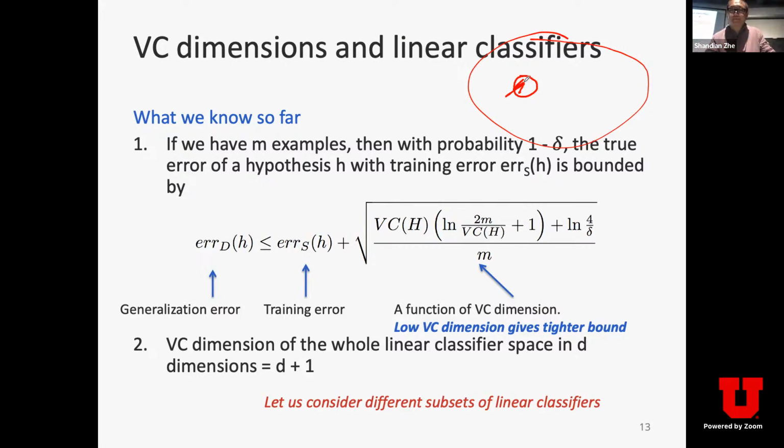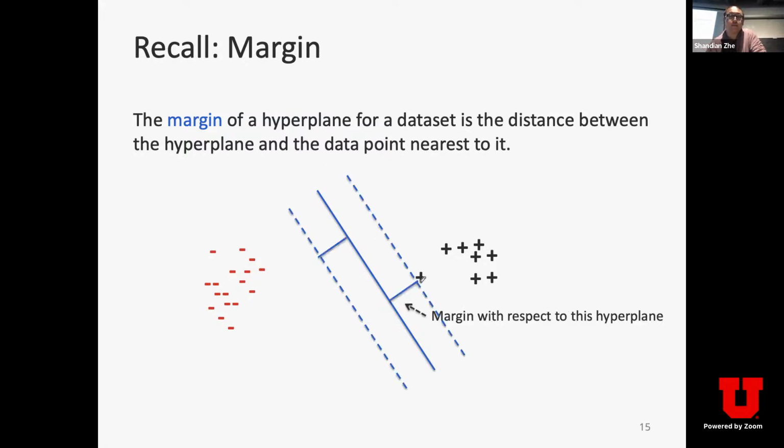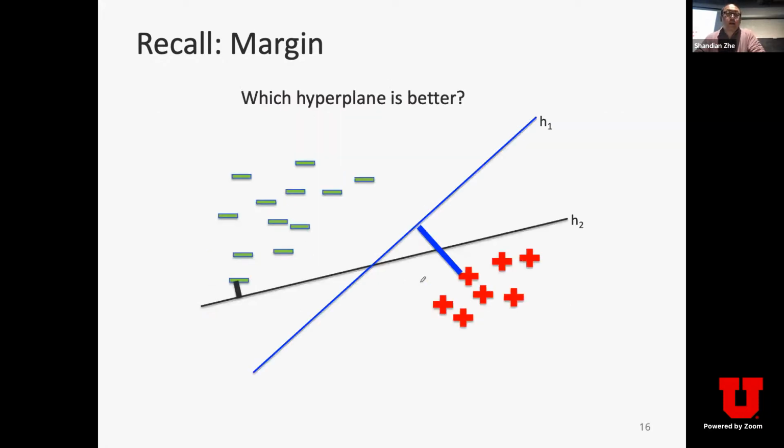That's the idea. So now let us recall the definition of margin. The margin of a hyperplane for a data set is the distance between the hyperplane and the data points nearest to it. From our previous discussion, for a linearly separable data set we might have many different choices of linear classifiers.